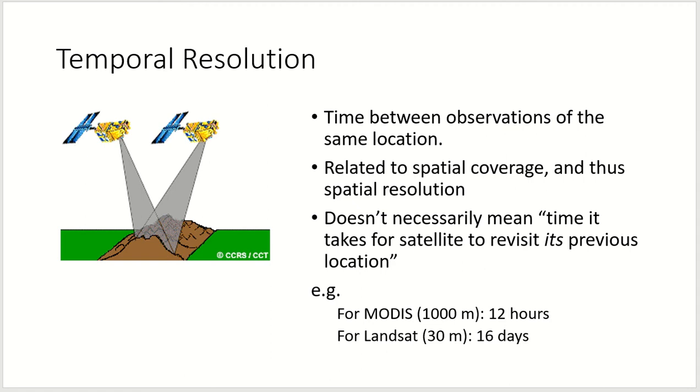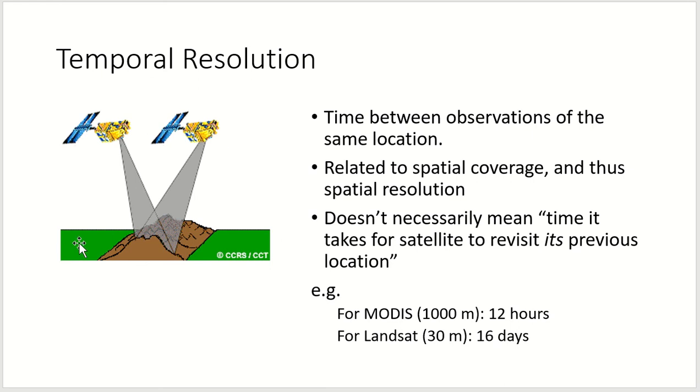A larger field of view allows the same location to be observed by a sensor as it makes successive overpasses. It does not necessarily mean the time it takes for the satellite to revisit its previous location, just because the satellite can observe at a range of angles, and so can observe the same location at different angles through time.